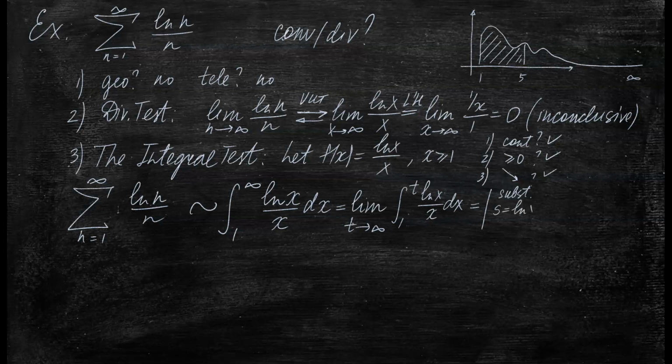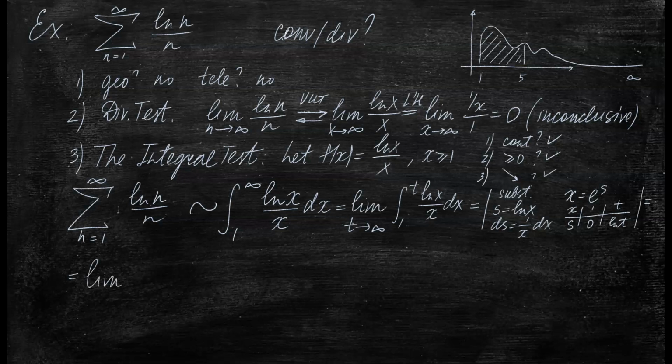So if s is ln x, then ds will be 1 over x dx, and x will be e to the s, and therefore the limits of integration, instead of from 1 to t, will be from 0 to ln t.